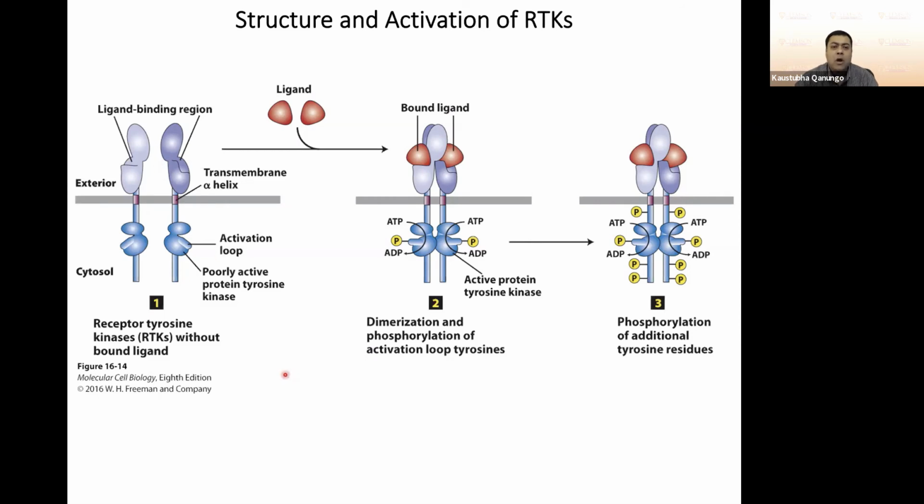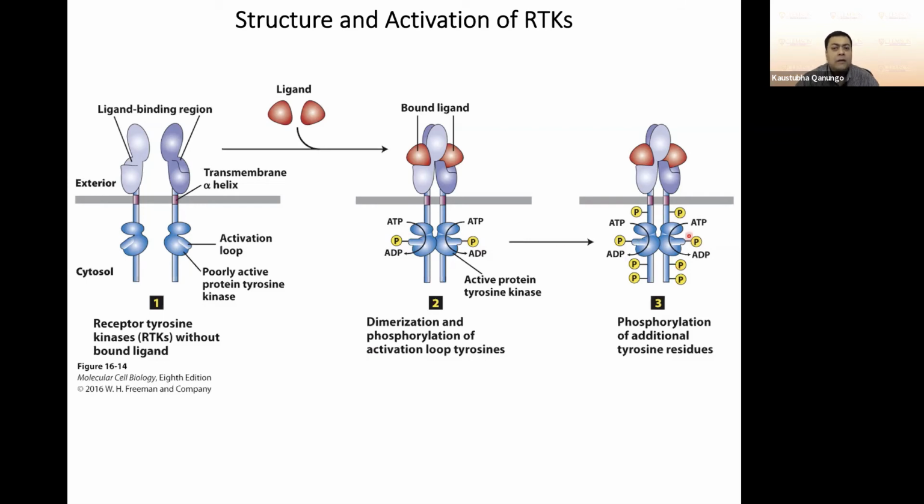The important concept here is that upon ligand binding, there is an activation loop, and the activation loop is the one which first gets phosphorylated. Once this gets phosphorylated, the other side is autophosphorylated.